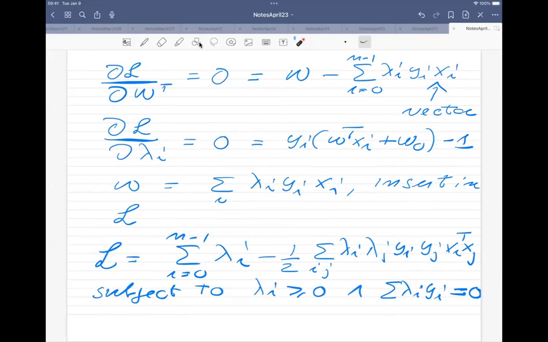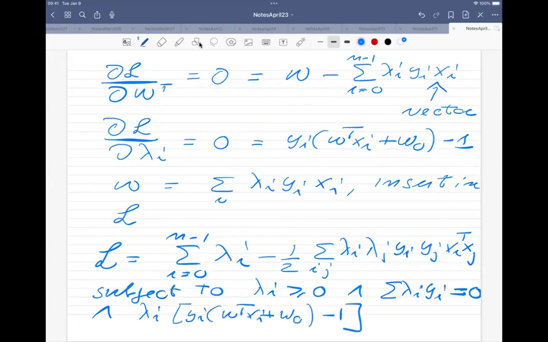So let's just put the final one. And obviously, we have to plug in lambda of i multiplied with y of i times (w^T x of i plus w0 minus 1). That is something which we get when we take the derivative with respect to lambda: we have a constraint here.